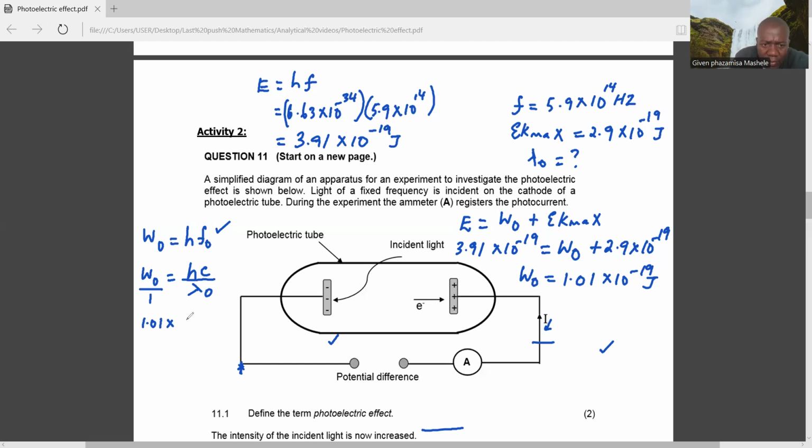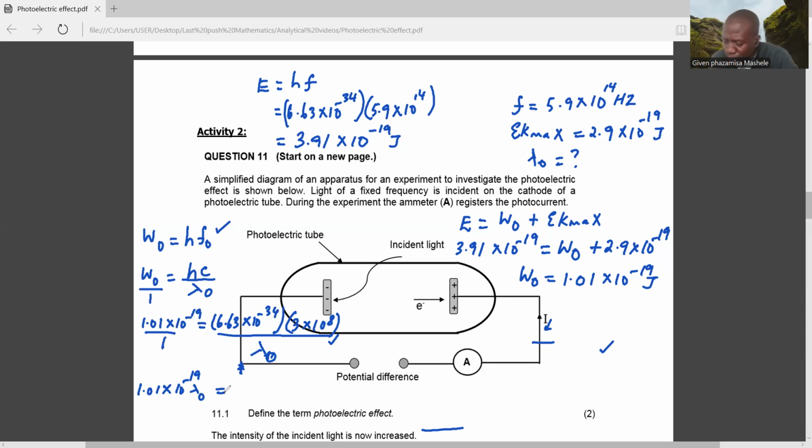1.01 times 10 to the power minus 19 equals Planck's constant, 6.63 times 10 to the power minus 34. What is the speed of light? 3 times 10 to the power of 8, divided by lambda naught. So we can make this a fraction and cross multiply. This will be 1.01 times 10 to the power minus 19 times lambda naught, which is the cutoff wavelength. Then we multiply 6.63 times 10 to the power minus 34 by 3 times 10 to the power of 8.